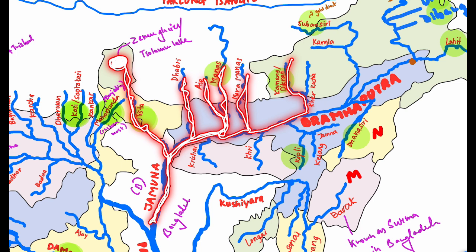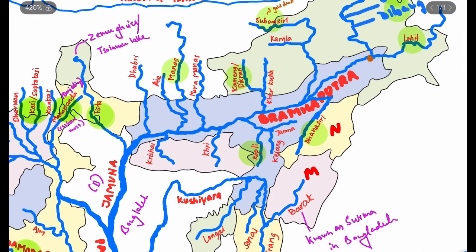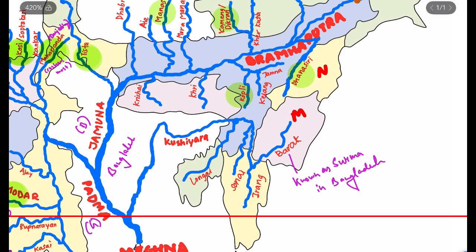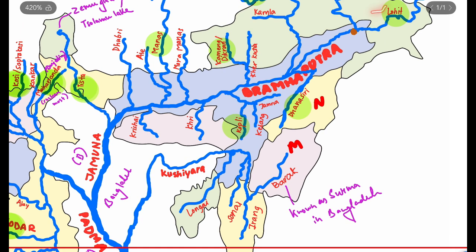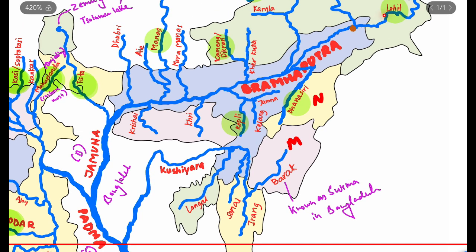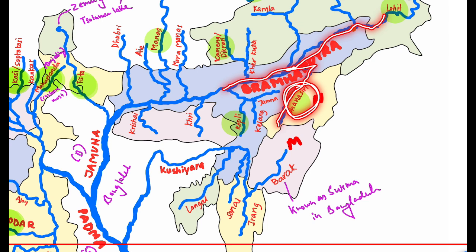So this is what the left bank tributaries are. Let's see about the right bank. Here Lohit is going. Then it is joined by Dhansiri from below, on the right bank. Dhansiri, then Kalong and Kapili. Kapili is an important river and Dhansiri is an important river.